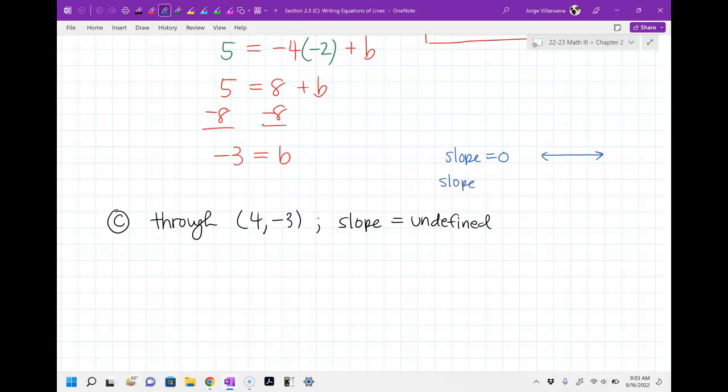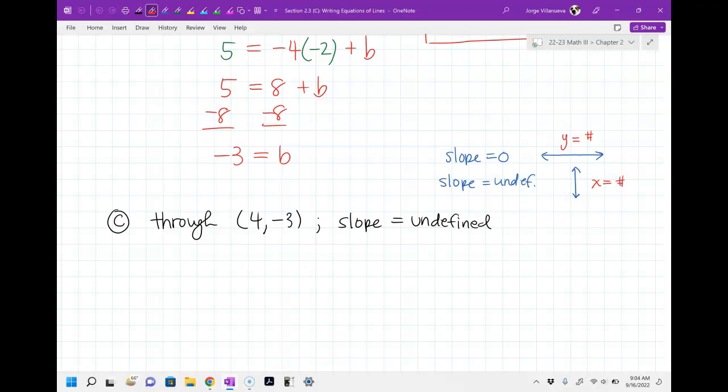A slope that's undefined is vertical. Yesterday we talked about horizontal lines: the definition was y equal to some number. And the vertical lines were x equal to some number.